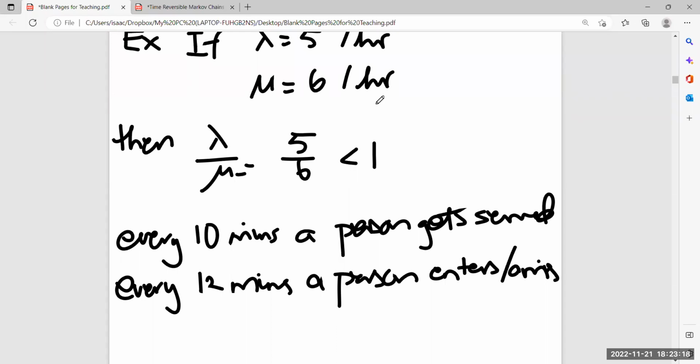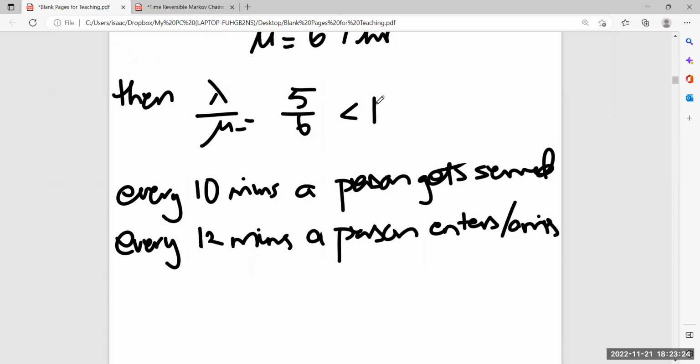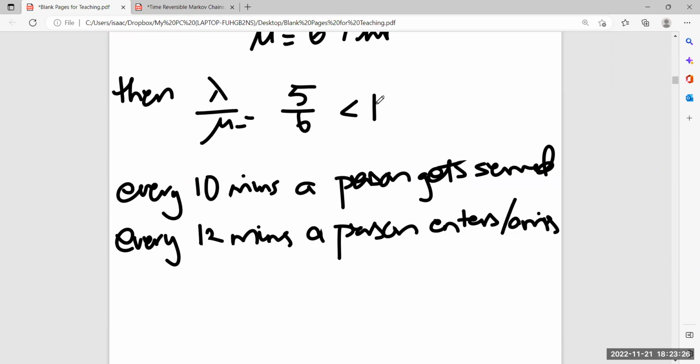So that means the service time is less than the inter-arrival time. Sorry, the inter-arrival time is 12 minutes, the service time is 10 minutes.